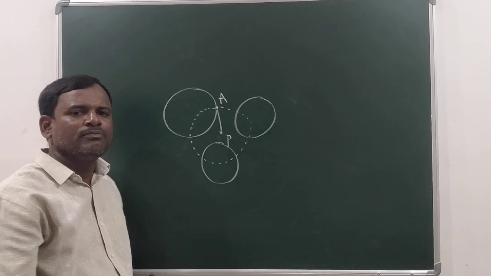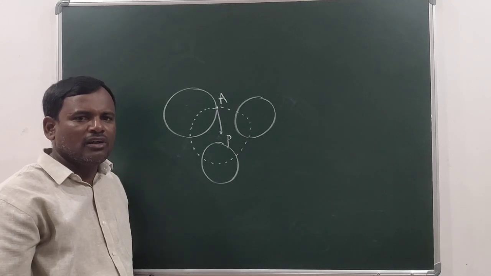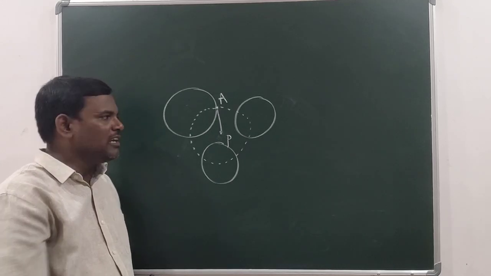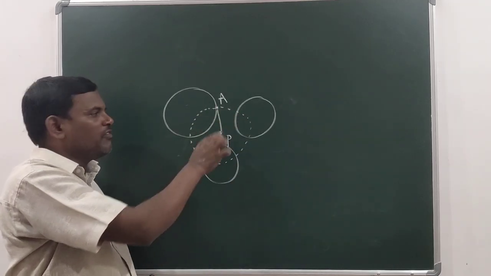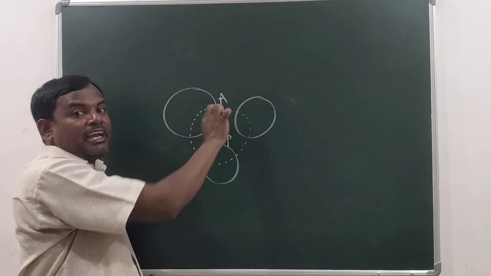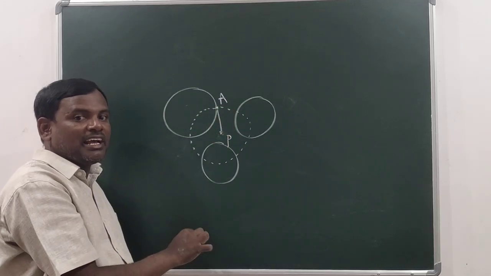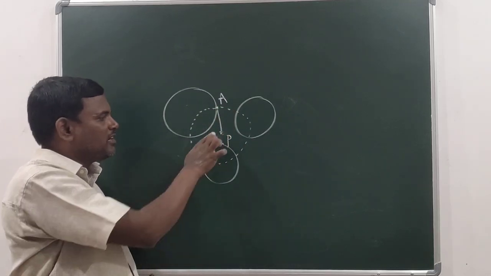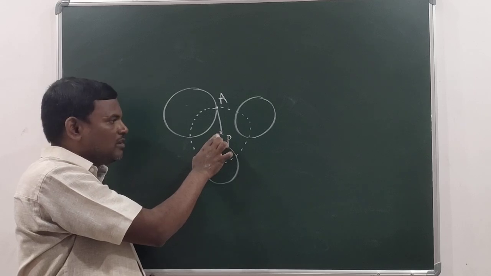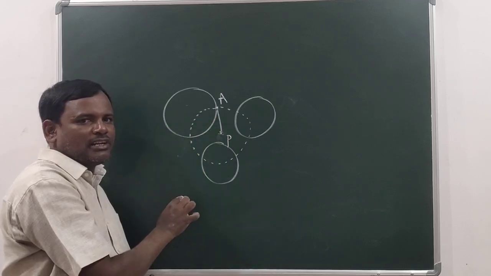Here what did I do? I have drawn a dotted circle of radius PA. PA is the length of the tangent drawn from the radical center to the first circle.